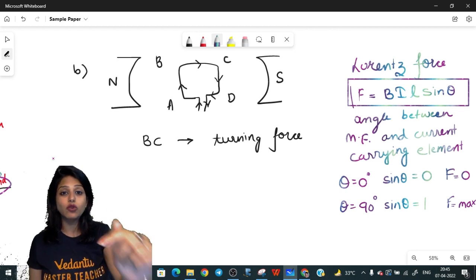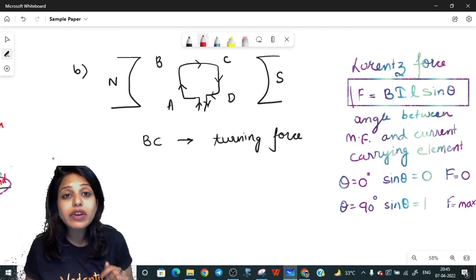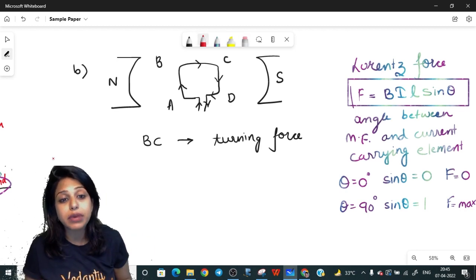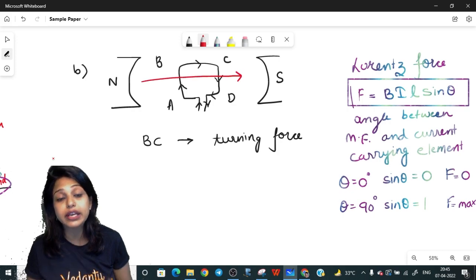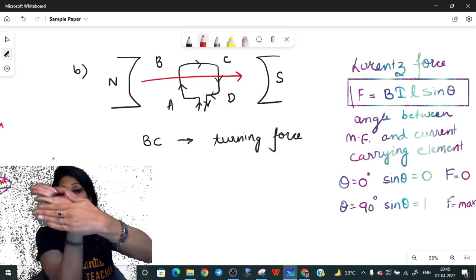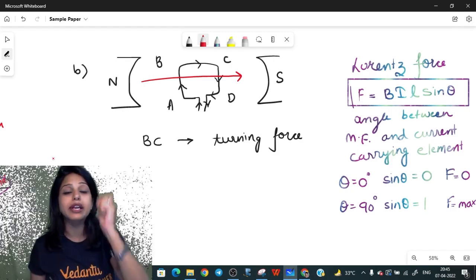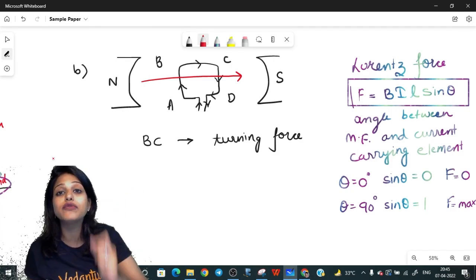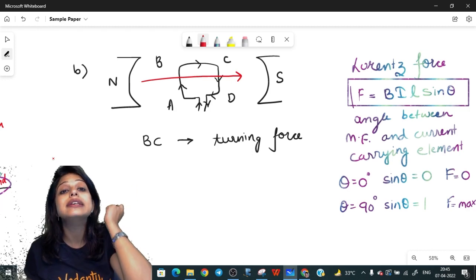That's the case we see in BC. For AB, the current flowing and the direction of magnetic field are perpendicular. But for BC, the magnetic field and the current carrying element are parallel to each other. Hence, the force comes out to be 0.